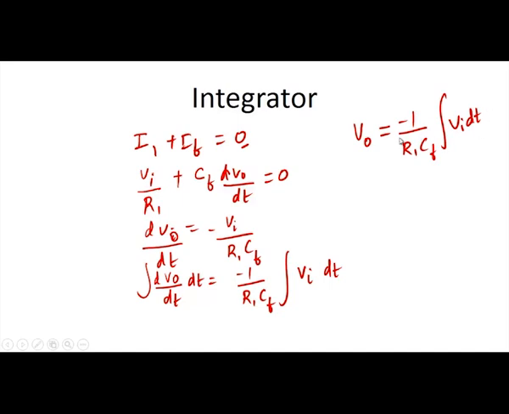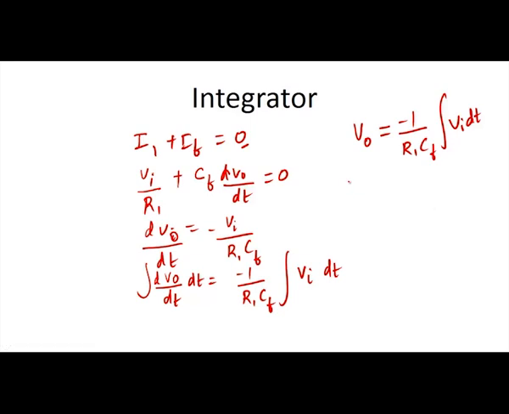This shows that the output of an integrator circuit is the integral of the input voltage with respect to time, and the time constant is minus 1 by R1 CF. R1 is the input resistor and CF is the capacitor connected in the feedback path.